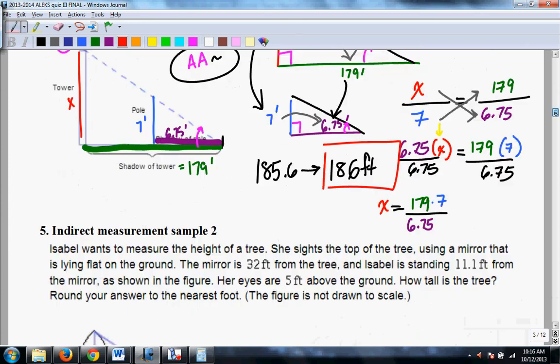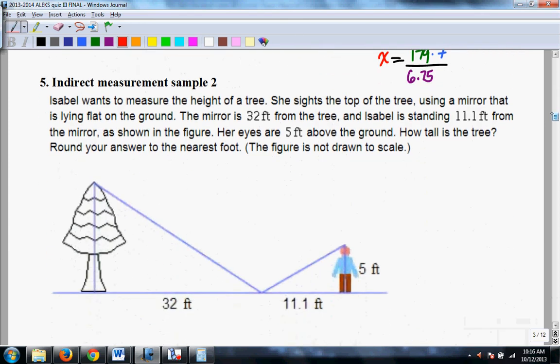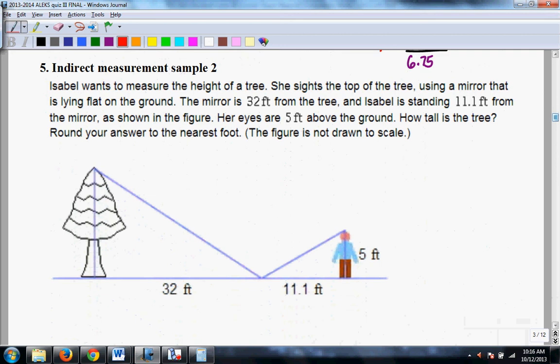Okay, we're going to do one more here. Isabel wants to measure the height of the tree. She sights the top of the tree using a mirror that is lying flat on the ground. So we have a mirror here, flat on the ground. The mirror is 32 feet from the tree.